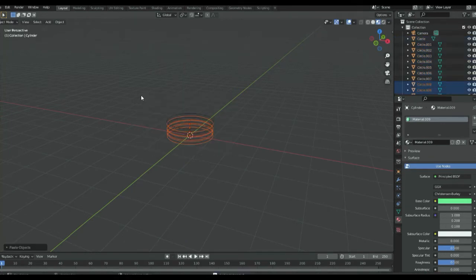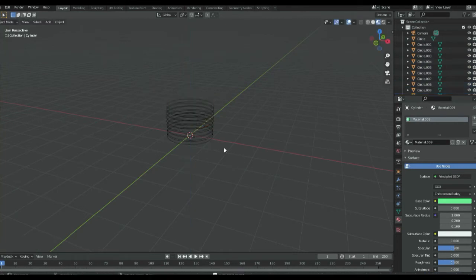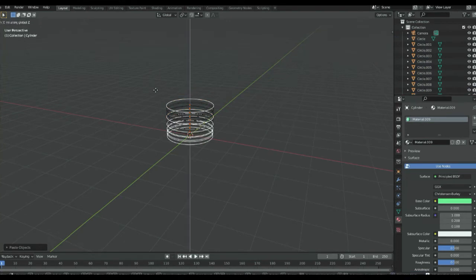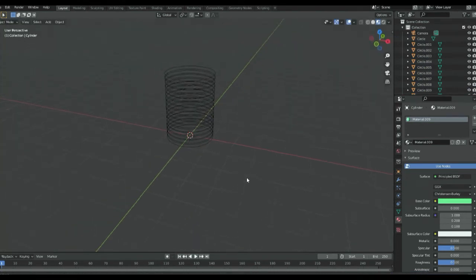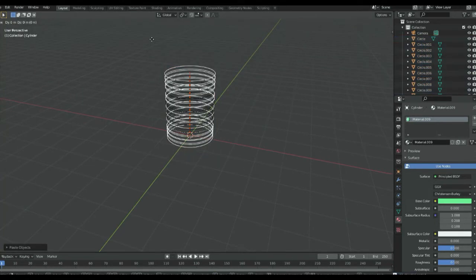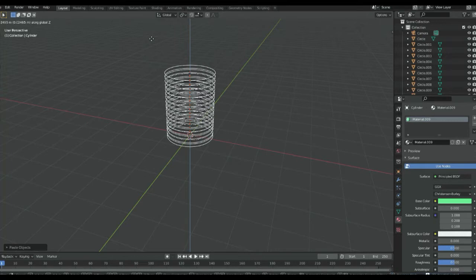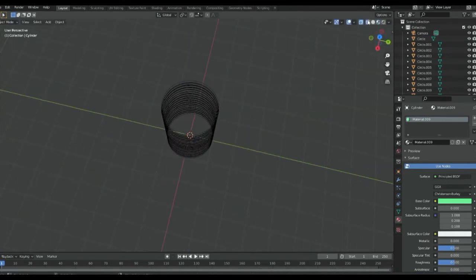Right, it's getting obvious now. How does it look? It looks like a cylinder, is it not? It looks almost like a cylinder.